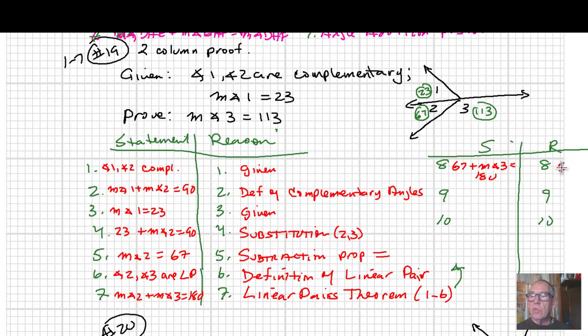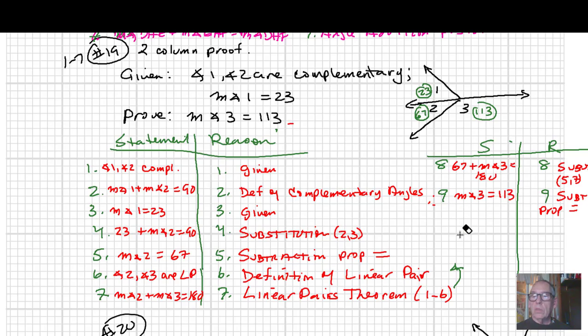That's substitution. And where did we substitute? We substituted from 5 into 7. Subtract 67 from both sides. Measure angle 3 equals 113. Subtraction property of equality. And we got it. So we didn't need step 10.